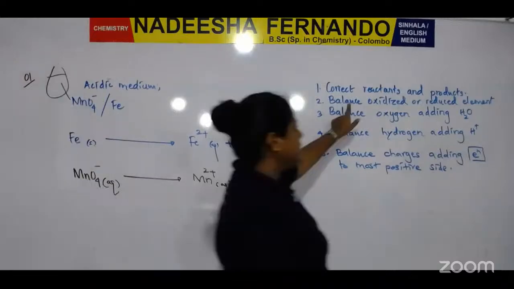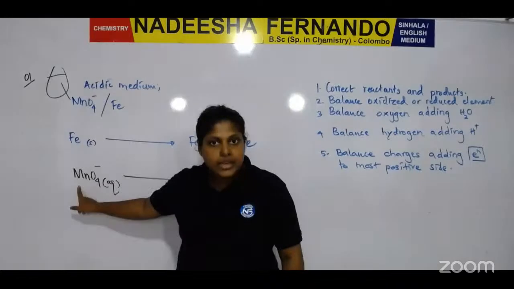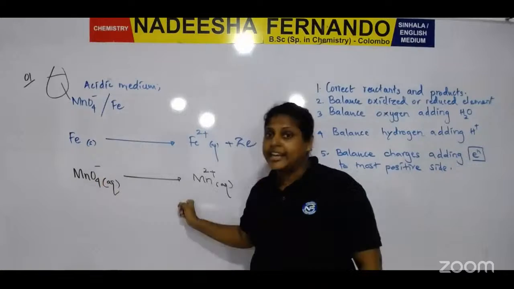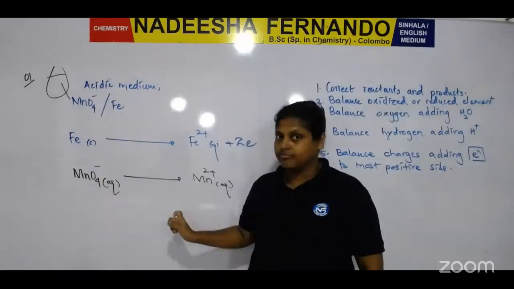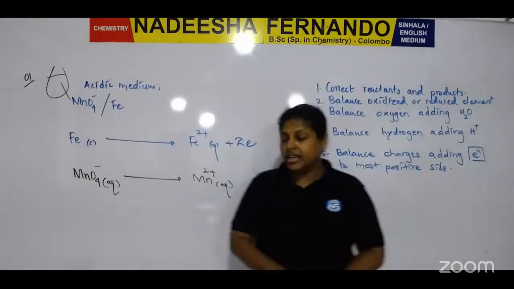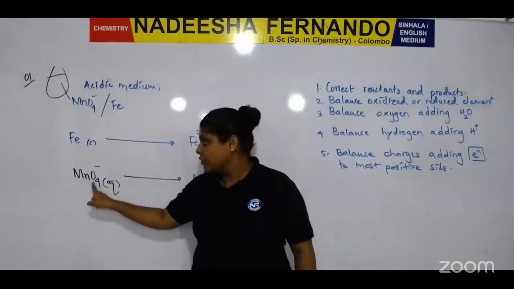Balance the oxidized or reduced element. Here 1 manganese, here 1 manganese. Therefore, both sides have the same number of manganese atoms. Then balance oxygen by adding water. Here, this side has 4 oxygen atoms.